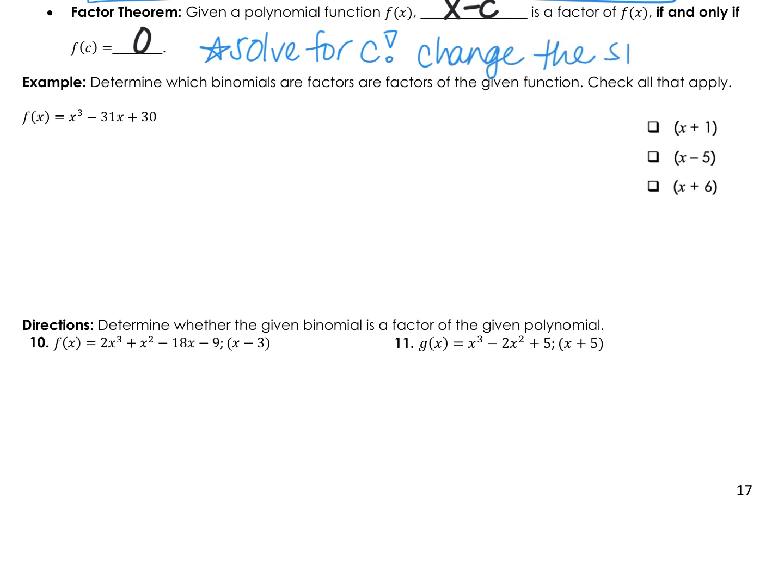So, for example, this is like what you did last week. If I have x plus 1, then I think I called it k on Friday, but c would be, what's a 0 from that? -1. Are you with me? The next one would be, if it's x minus 5, I would be using positive 5. If I have x plus 6, I would be using -6. Okay, so just to clarify.